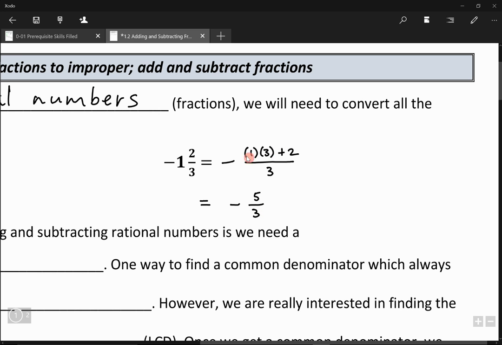If any of you have never seen this before, for multiplication, instead of writing 1 times 3, I can write this as 1 in brackets and 3 in brackets. And in mathematics, we understand that to be multiplication between the two numbers.